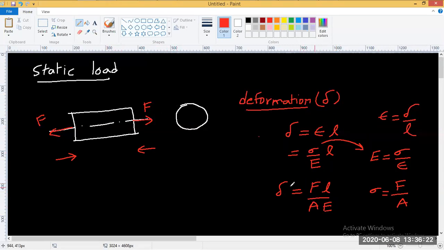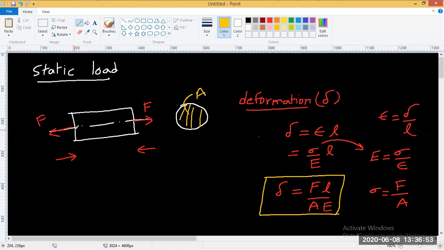So that's how we calculate the said deformation. For any material, the deformation is dependent on all these parameters: what force you're applying, what is the length of the member, the cross-sectional area of this body, and the Young's modulus of the material.